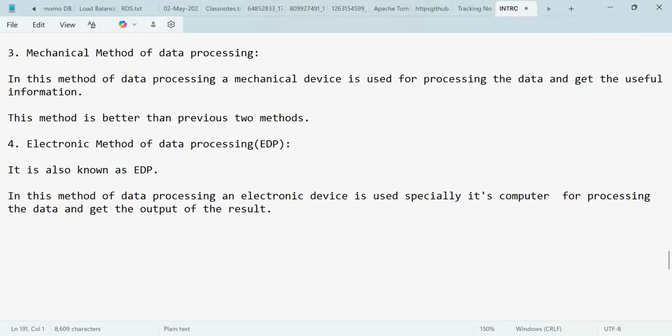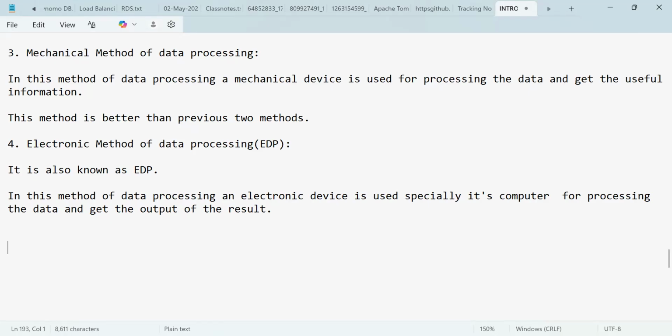So using this EDP, what are the applications and what are the advantages? The application means that computerized data processing has become very popular in day-to-day life.